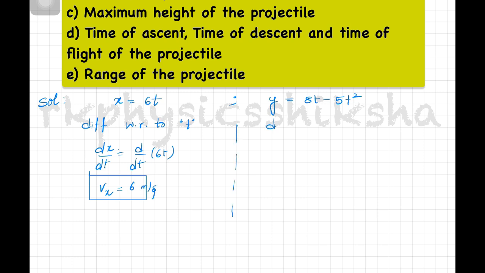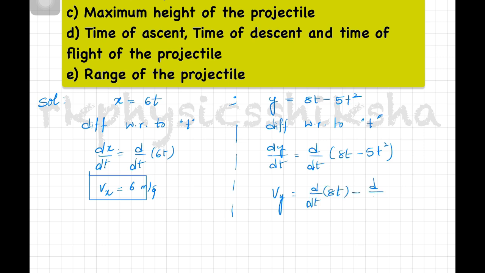Similarly, if I differentiate this equation with respect to time t, I get dy by dt, which is equal to d by dt of 8t minus 5t square, because the rate of change of displacement is equal to velocity. Here also the rate of change of displacement is equal to velocity, so I take the rate of change of displacement along the y-axis as vy. I can write it as d by dt of 8t minus d by dt of 5t square.